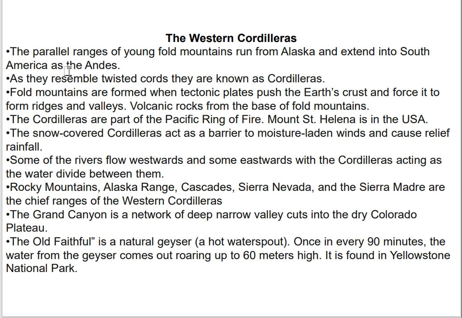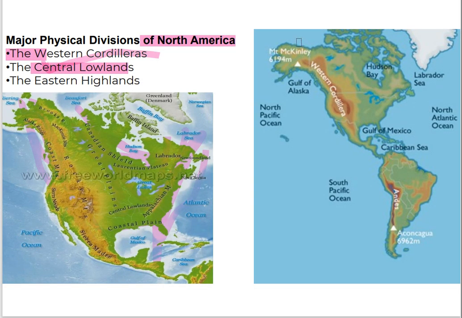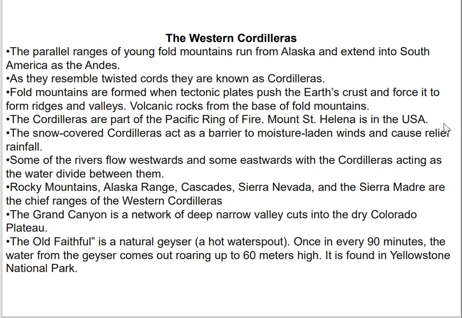From Alaska it extends into South America as the Andes. As we see in the picture, this is the Western Cordillera, or we can say this is a mountain range. It starts from Alaska and extends to the South American continent as the Andes. Here it is known as the Rockies in North America, and thereafter in South America it is known as the Andes. Okay, we have to keep it in mind.